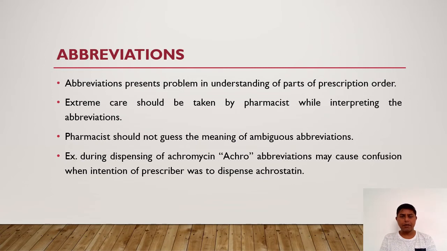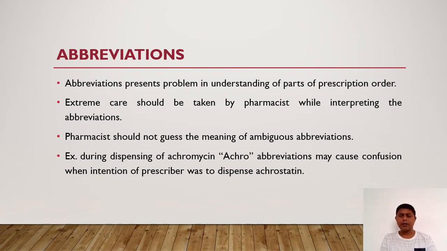The first error which we are going to discuss is about abbreviations. Abbreviations present problems in understanding parts of the prescription order. What orders are given in the prescription, it creates a problem for pharmacists to understand if there is an error in it.